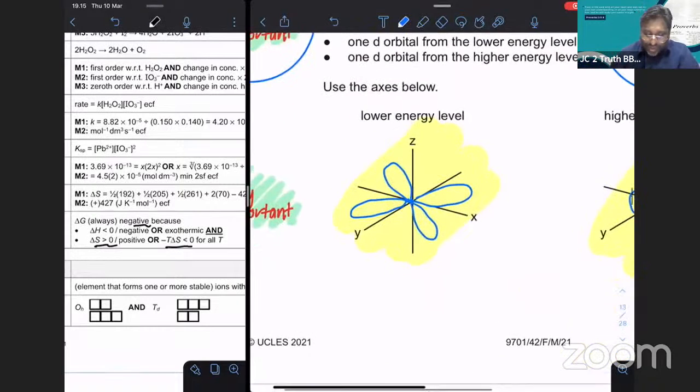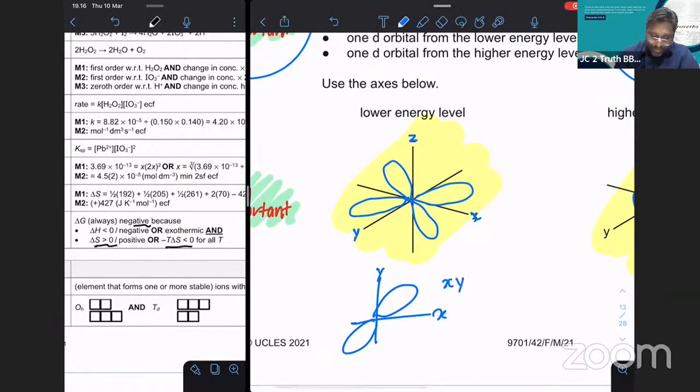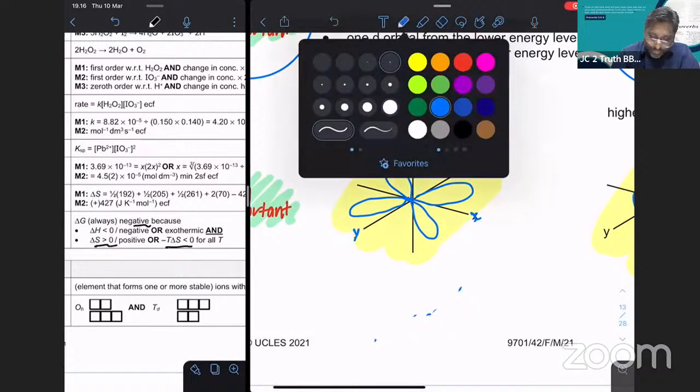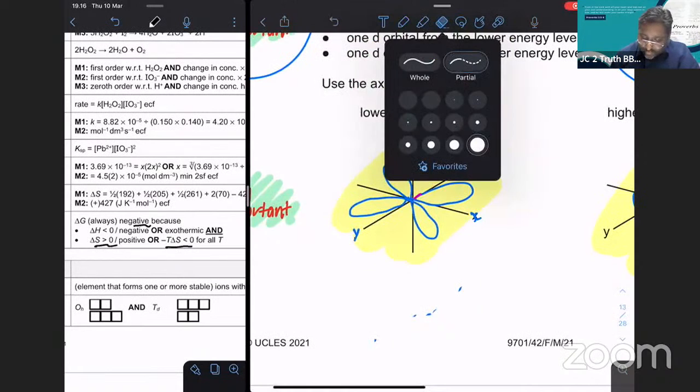So how to sketch? I have drawn for you. This is the x axis, the y axis, and at the top is z. If you have y and x, like this and like this, they call it dxy. So it must be in the middle. Let me erase first, maybe you can see better.